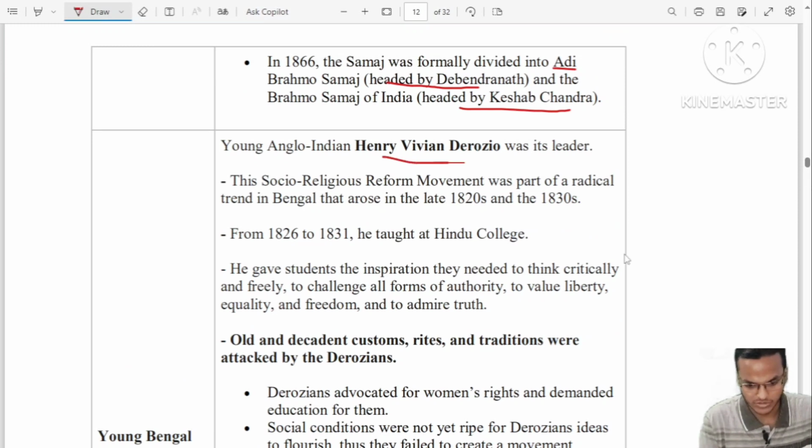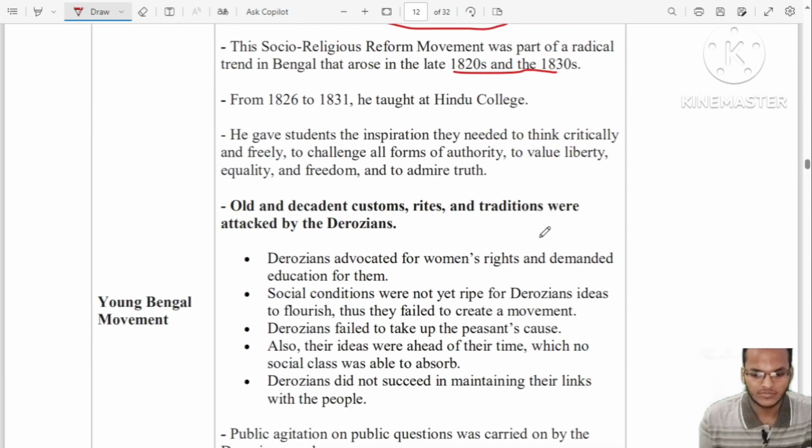Then is the Young Bengal movement. Henry Vivian Derozio was its leader. It was also like the Brahmo Samaj. In Bengal, it arose around the 1820s and 1830s. He inspired students to think critically and freely and challenge all forms of authority.